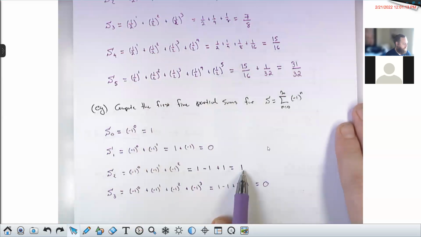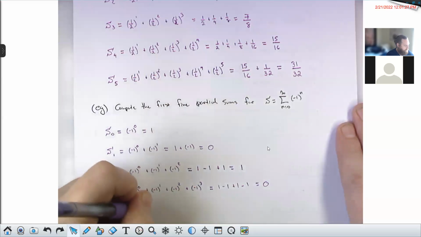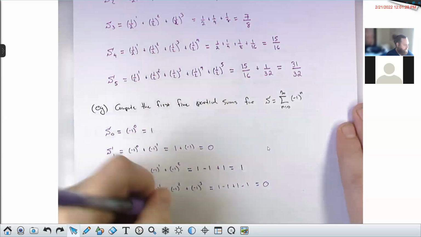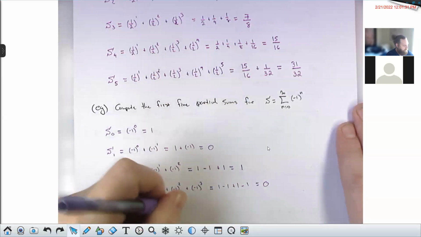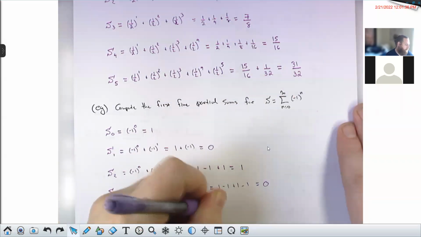It's the first part, plus -1, because -1 cubed is -1. One more. S4 is (-1) to the 0 plus (-1) to the 1 plus (-1) to the 2 plus (-1) to the 3 plus (-1) to the 4.